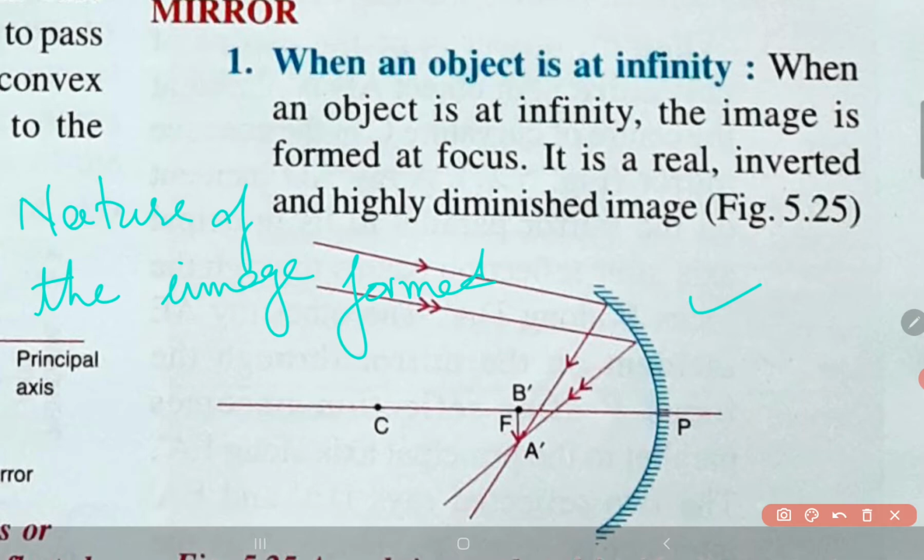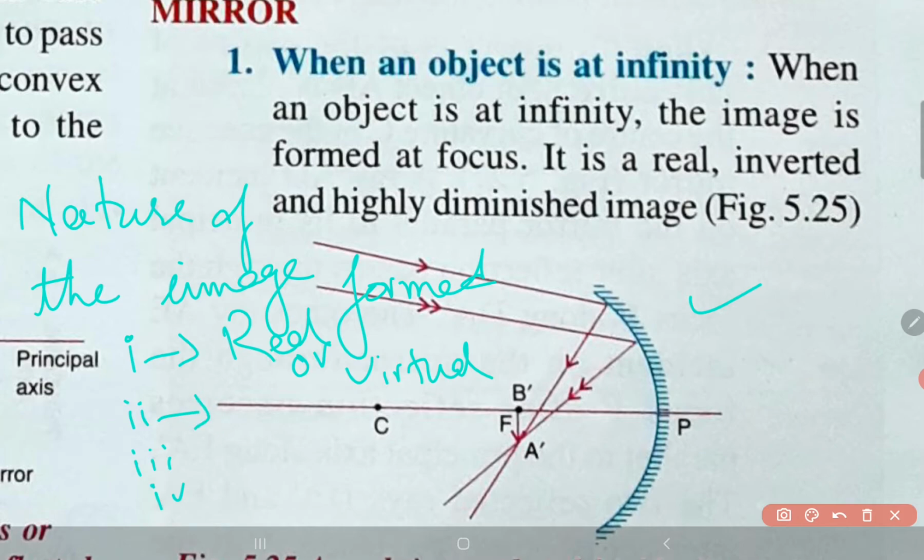Now the nature of the image formed has a total of 4 sections. The first section will tell you whether the image is real or virtual. We will come to know that after drawing the diagram. Number 2, we need to understand whether it is inverted or erect.